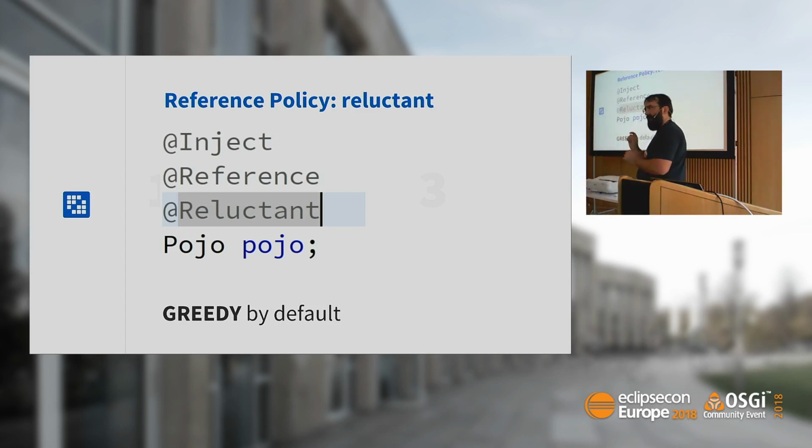It's a higher ranking, yeah, which is older. So basically, we just call that natural ordering and better by natural ordering. So if a better service happens to come along, and if you're reluctant, you're not going to get rewired with it. You'll never see that. You're going to live forever with the one you have. That's reluctant. Greedy is actively updating you with the best possible service.